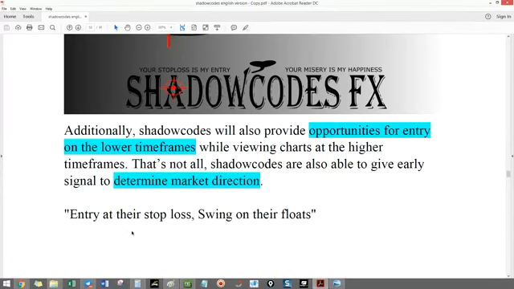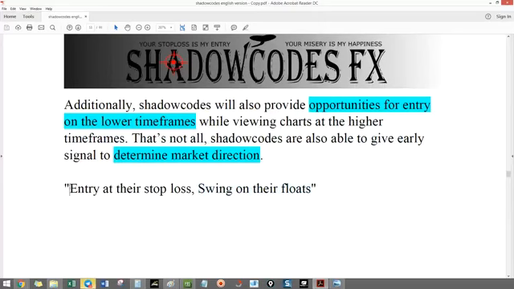We already know how to enter at their stop loss, and swing on their floats is on chapter 3. Their QM sell on reaccumulation, and then we already buy their sell. So we swing on their float.